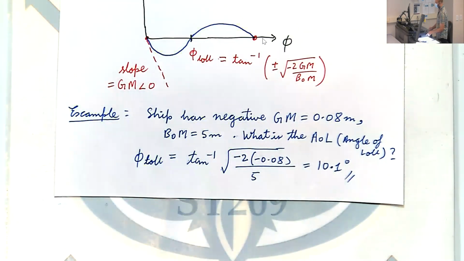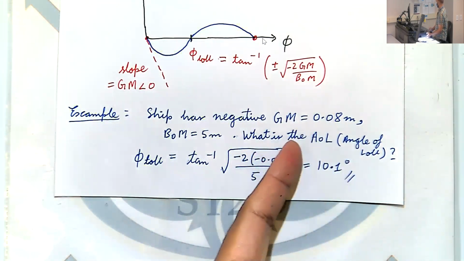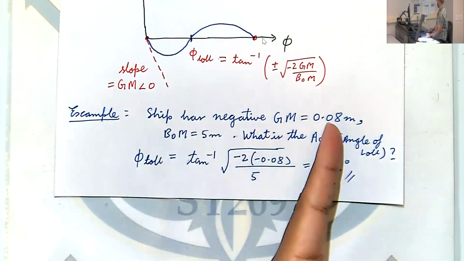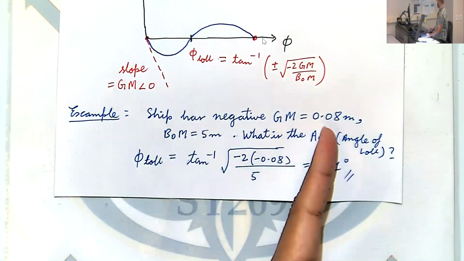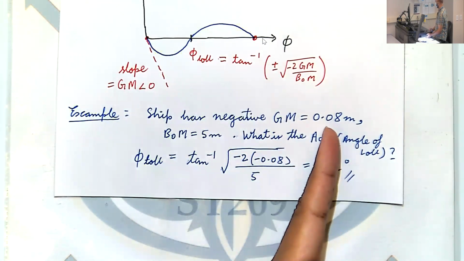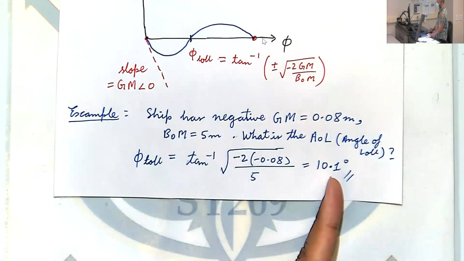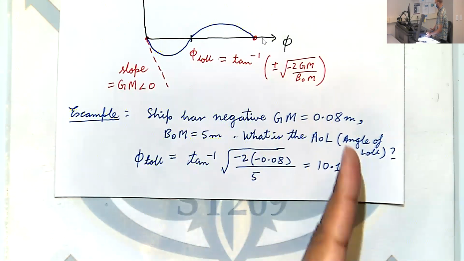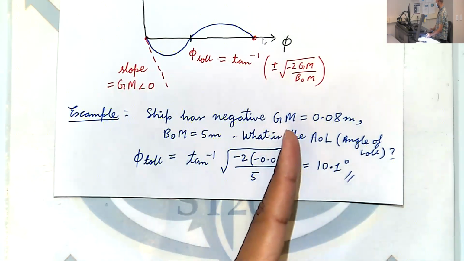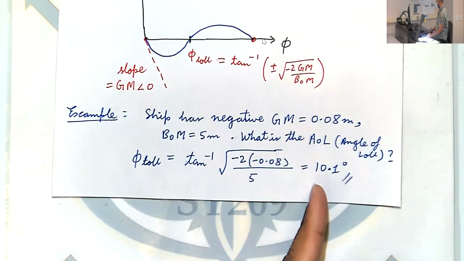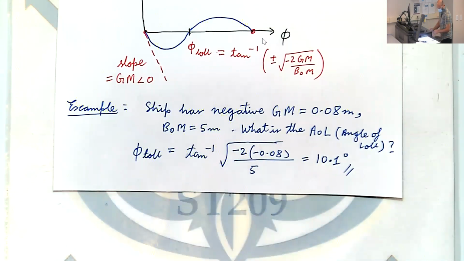Think about what has happened. You have a hull that is very, very slightly unstable, right? This is 8 centimeters. Negative 8 centimeters causes your hull to tilt 10 degrees, okay? So very small values of a negative stability can really mess up your hull.